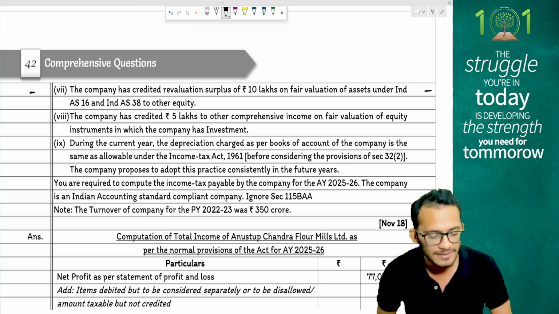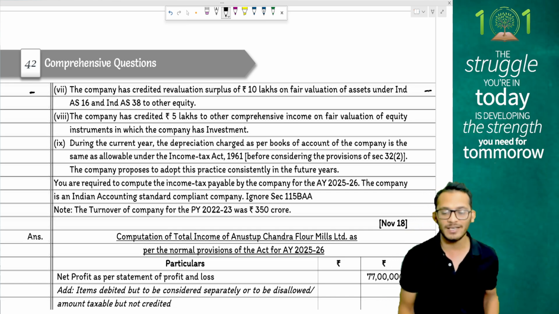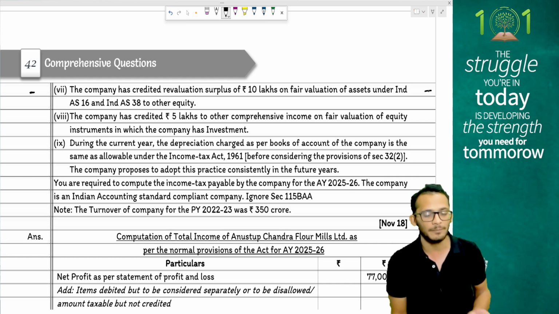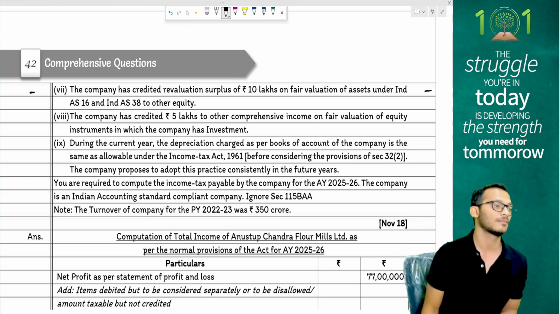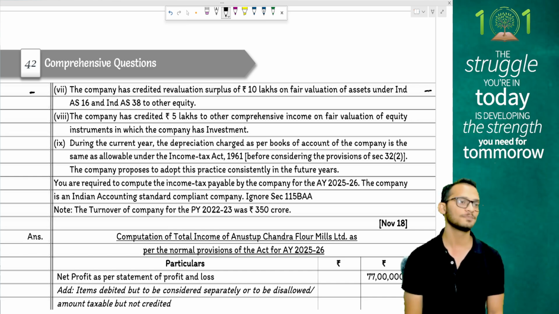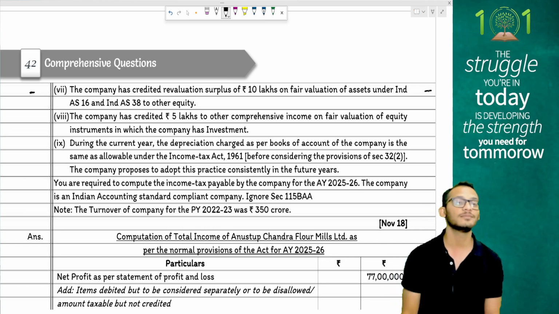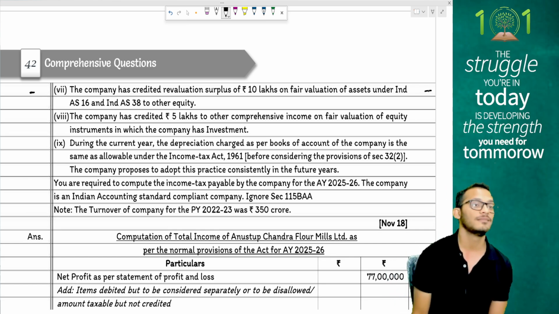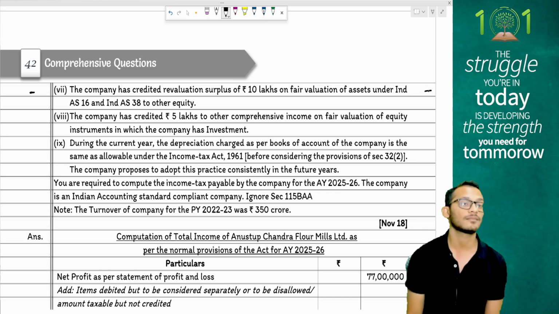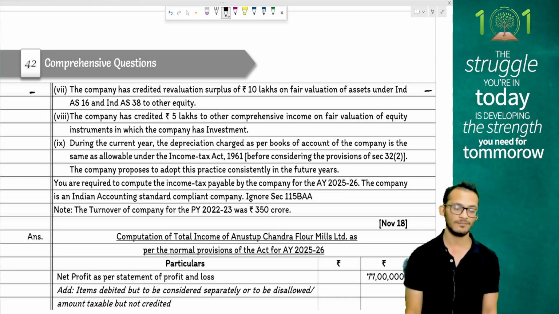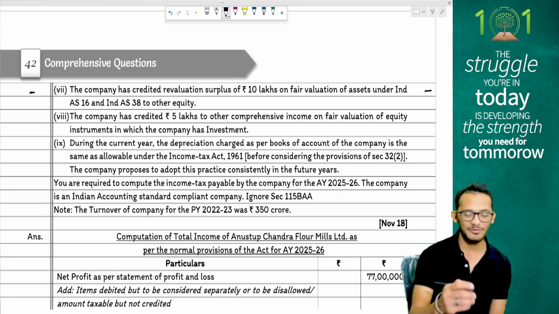Next, the company has credited 5 lakh rupees to other comprehensive income on fair valuation of equity instruments in which the company has investments. People, normal, it's not there in PGBP. Question comes, should it be there in MAT? Same, no effect.